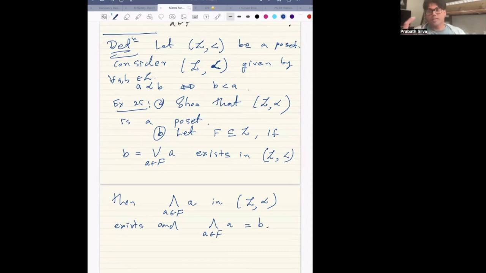So the joins turn into meets, and meets turn into joins.